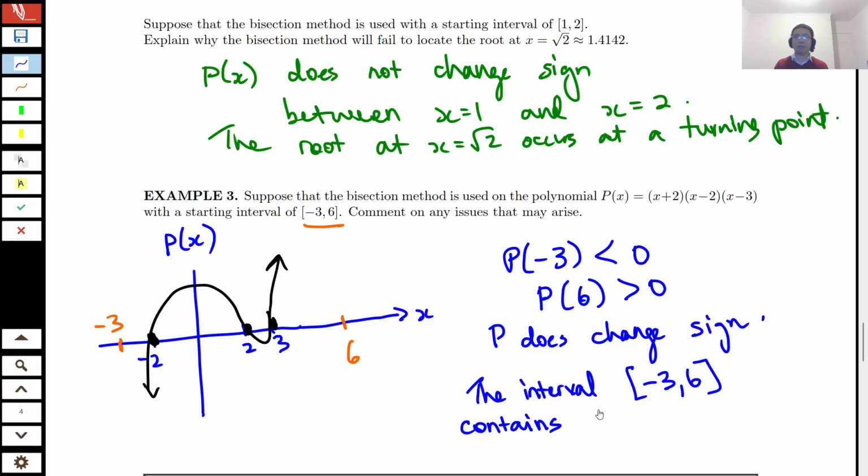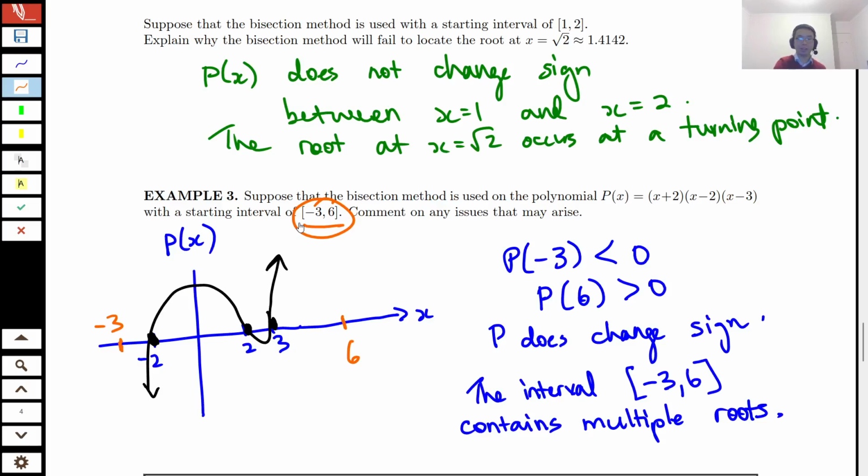And while the strategy for the bisection method was really simple, and for that reason elegant, it's very easy to set up situations where it doesn't work. So here, there's multiple roots, and the bisection method is only going to give you one of those roots. You'll need a better algorithm to detect multiple roots, or you will need to set up a better interval that only contains one of those roots.